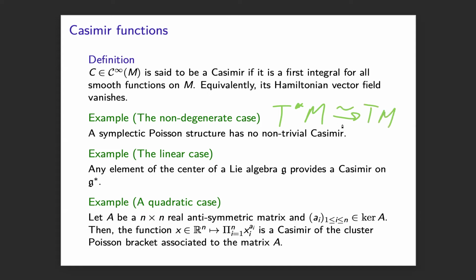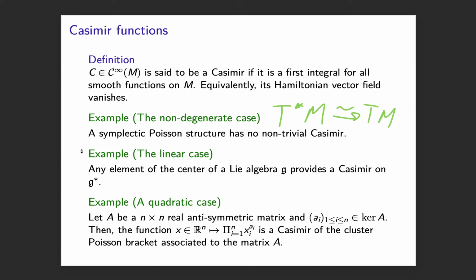It's bijective. It means that there is no non-trivial Casimir. While for the linear case and for the quadratic case, we will remember that the Poisson bracket vanishes, and this has a counterpart in terms of Casimirs.